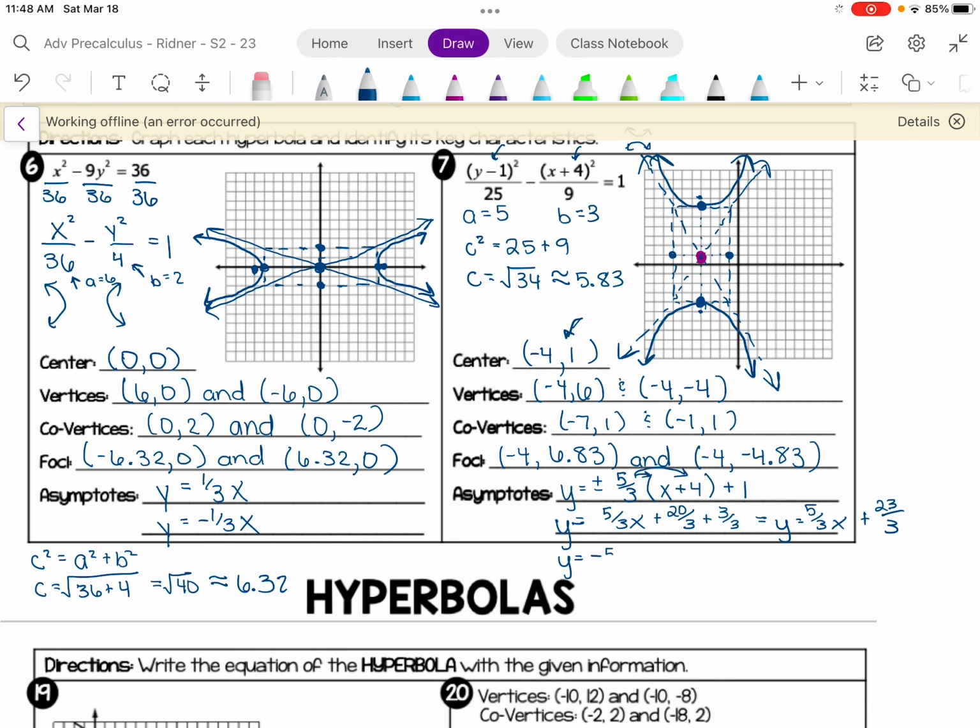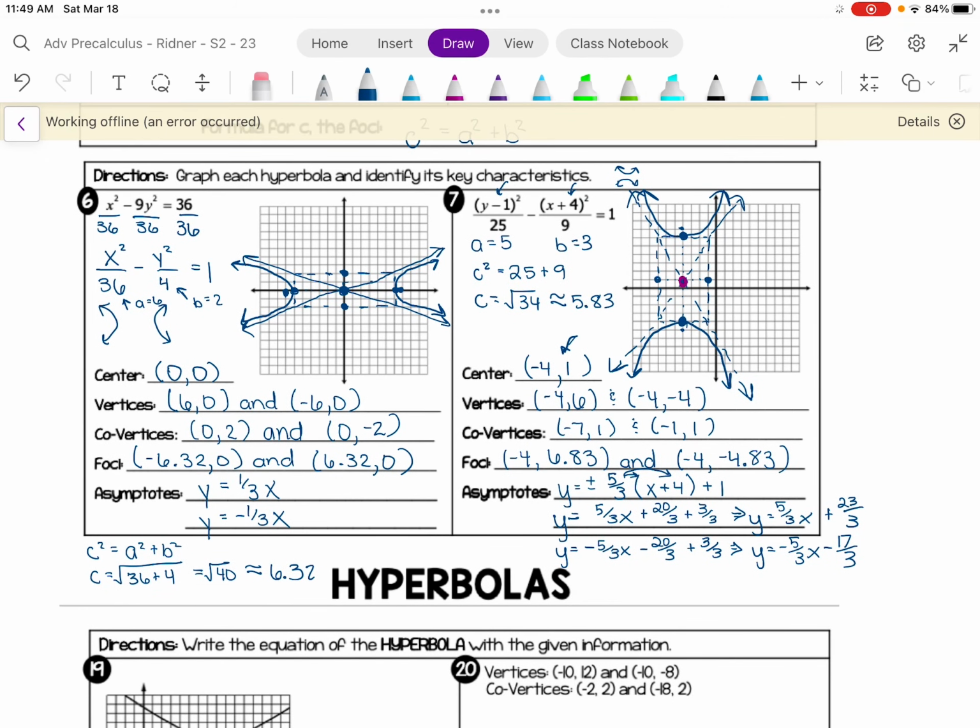So negative 5/3 x minus 20/3 plus 1. Notice I'm just finding a common denominator for 1 to get the final answer of y equals negative 5/3 x minus 17/3. So asymptotes are the hardest part, in my opinion, but they're doable.